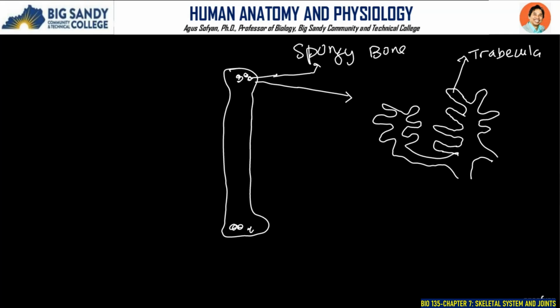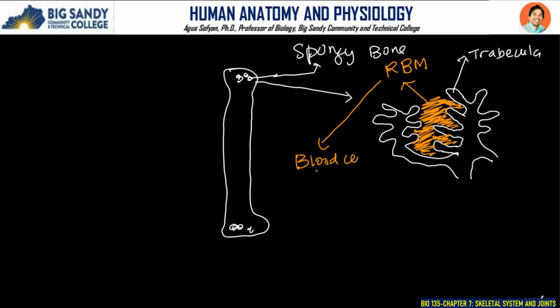And the area between the trabeculae, I'm going to make it red color over here. The area between trabeculae is called red bone marrow, and this is the place for blood cell production.